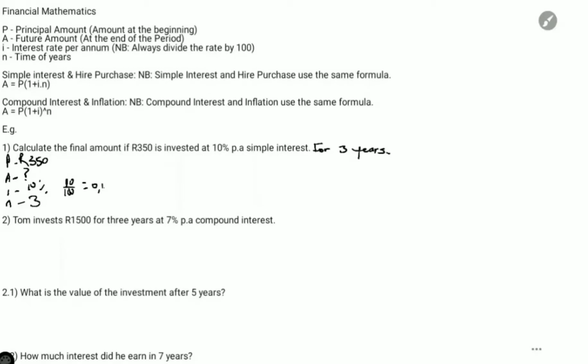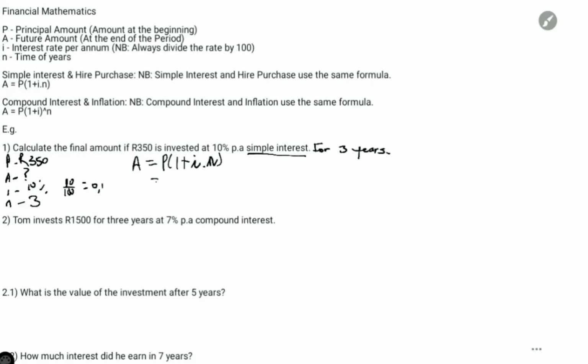Now we know a lot. We know that we need to use the simple interest formula. A equals P, open bracket, 1 plus I times N, close the bracket.